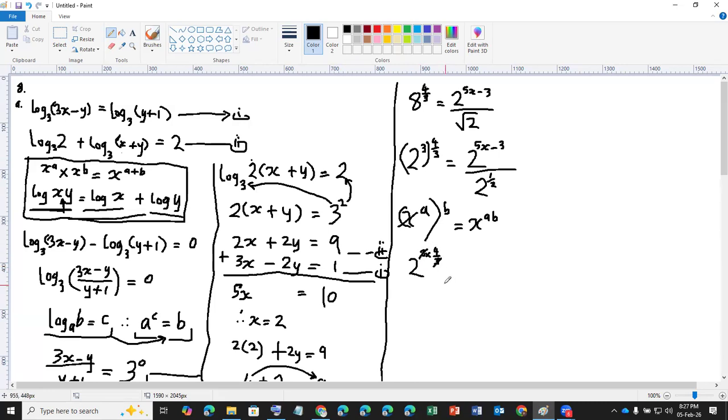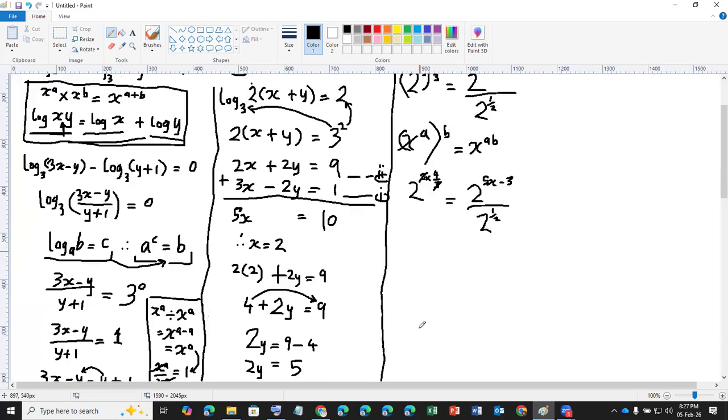Then we're left with 2 raised to the power of... It looks like nothing is happening on the right hand side one. Very good. So that is 2 raised to the power of half.